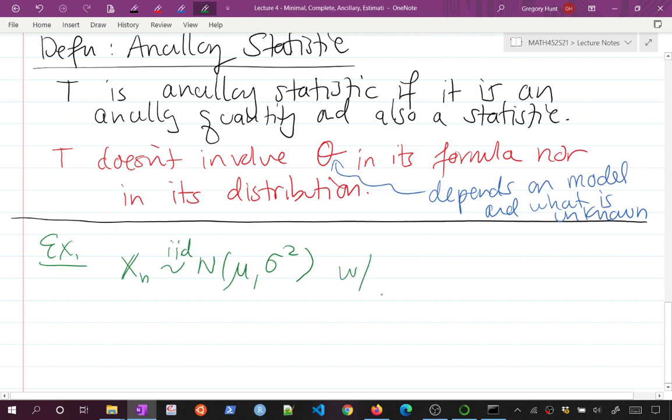So if I say with mu unknown, but sigma squared known, then let's say T is equal to, well, let's not try on the fly to come up with an ancillary statistic.